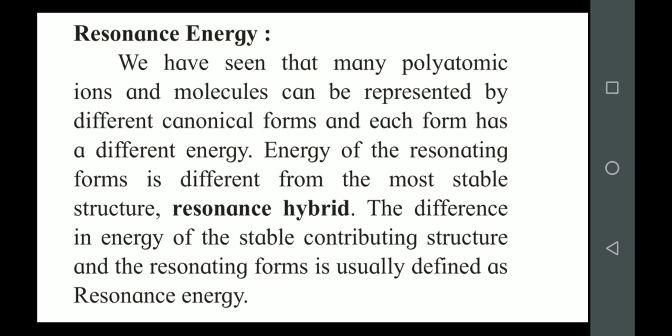Now the difference in energy between the stable contributing structure and the resonating form is defined as resonance energy. It means that the energy of the hybrid minus the energy of any of the canonical forms gives the resonance energy of that molecule.